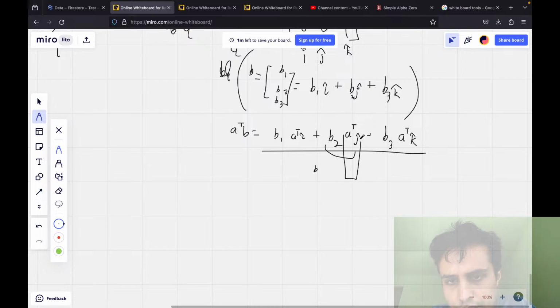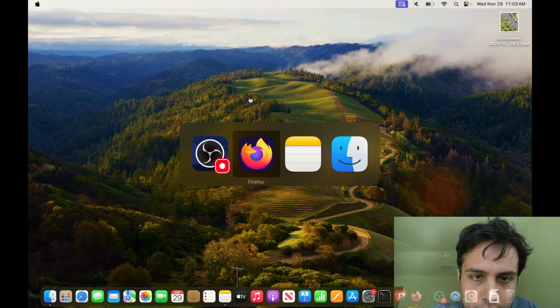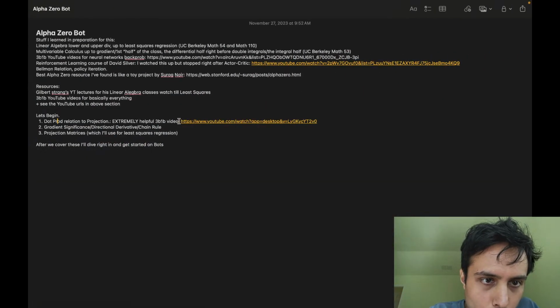So what is a of j? What's the projection of a onto this ith dimension, this j hat? That's where the symmetry thing comes in, which I saw in that 3b1 YouTube video.